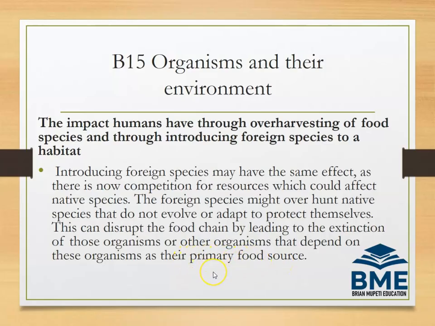So we can look at the story of the dodo, which was a flightless bird found in Mauritius. So this was a bird that was native to the island of Mauritius.